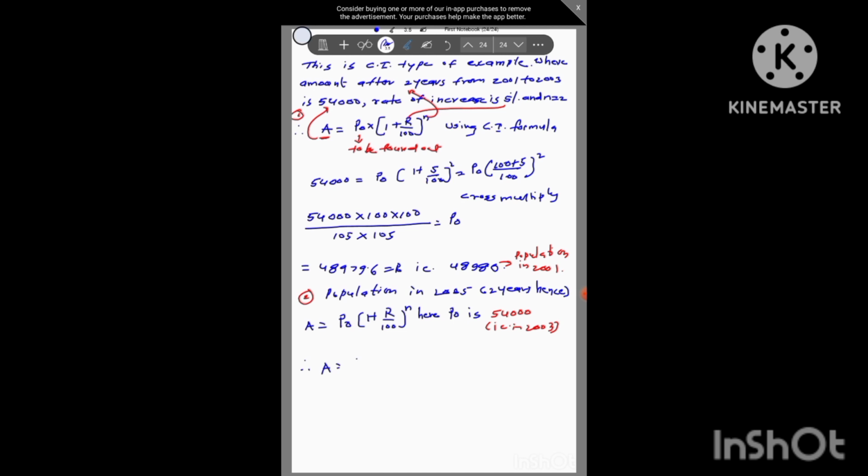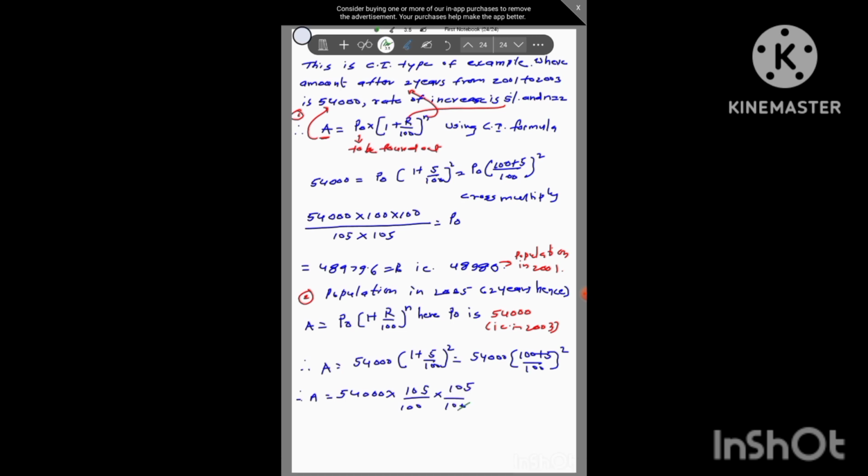Now we are substituting the values: 54,000 into 1 plus 5 upon 100 raised to 2. Now this has become a simple expression in maths. So A equals 54,000 into 105 upon 100 into 105 upon 100.